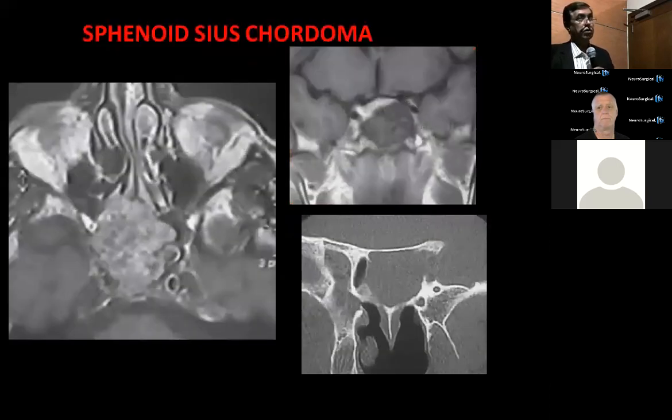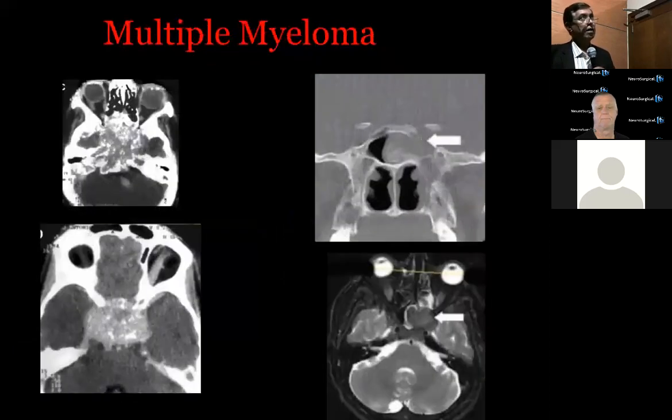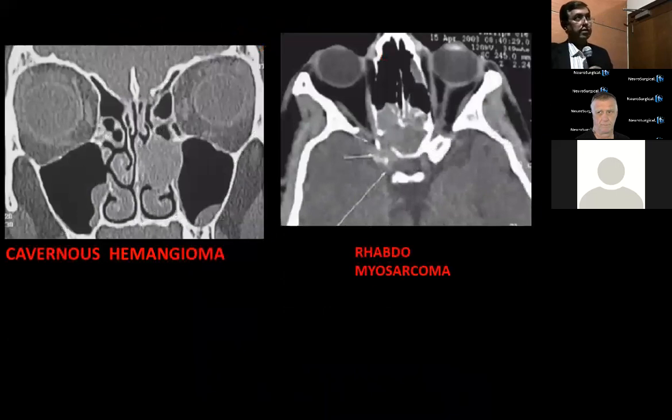Sphenoid sinus chordoma, just centered in the clivus area. Multiple myeloma or single myeloma. I had about 4 cases of single myeloma in the clivus, in the sphenoid sinus. Cavernous hemangioma just in the sphenoid sinus. And rhabdomyosarcoma. You may say, oh, this is simple, this is mucocele. No, this is mucocele complicating rhabdomyosarcoma of the sphenoid sinus.